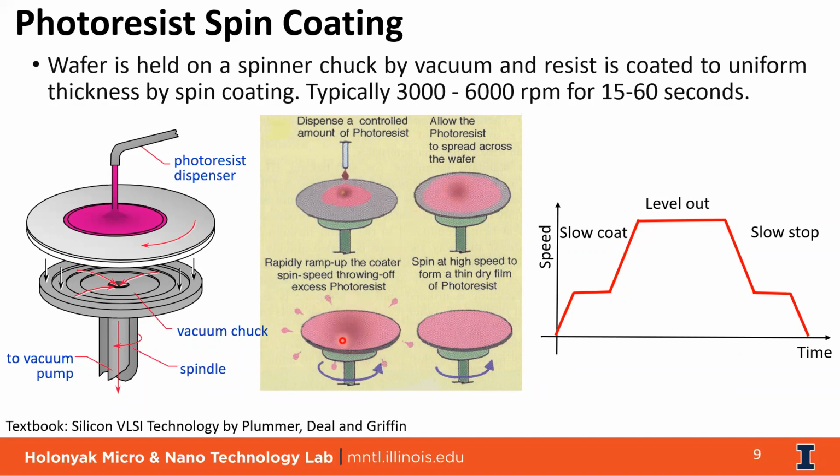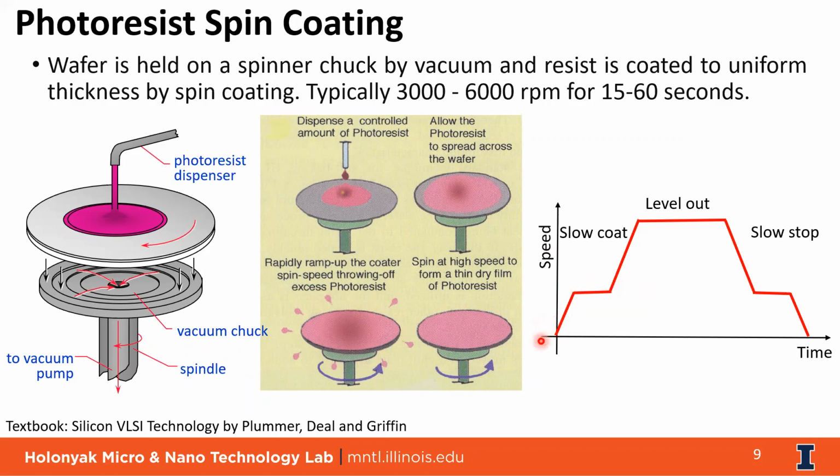In the next step, you ramp up to the final RPM to get the desired thickness. In that duration, it removes the excess photoresist from your sample. At the end, you will get a very uniform coating. As you can see from the graph, it's recommended to use a 3-step program to spin coat the resist so that you get a very uniform coating without any artifacts.